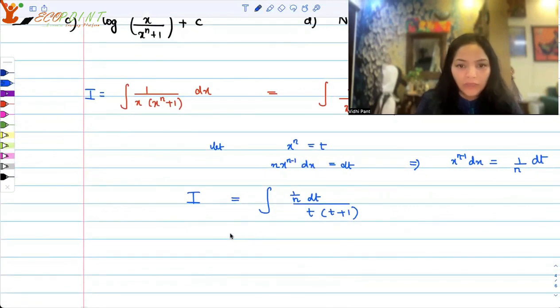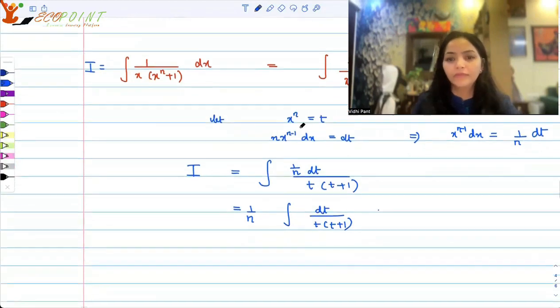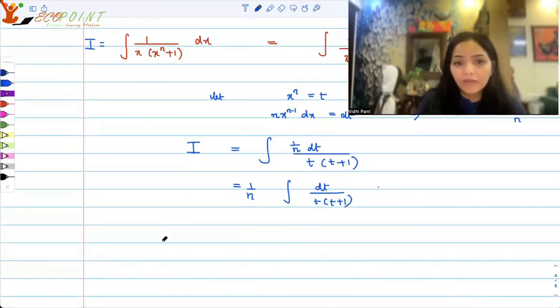So, integrating this, 1 by n can stay outside, and I have dt upon t plus 1. This I can even break. We can break it as partial fractions.